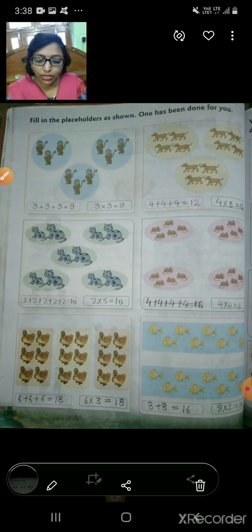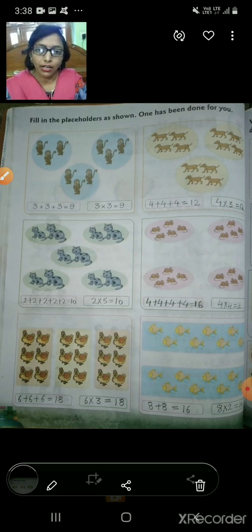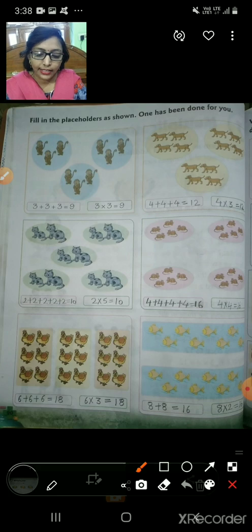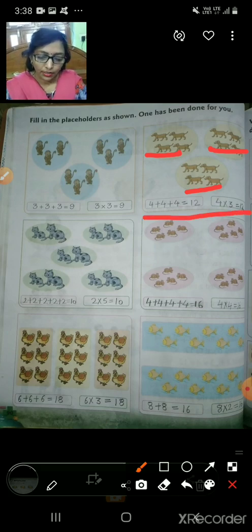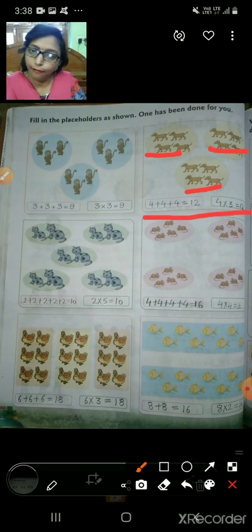In the second picture, you can see in one circle there are 4 dogs, and in the second circle also there are 4 dogs, and in the third circle also there are 4 dogs. It means there are 3 groups, and in each group there are 4 dogs. So in addition form you will write 4 plus 4 plus 4.